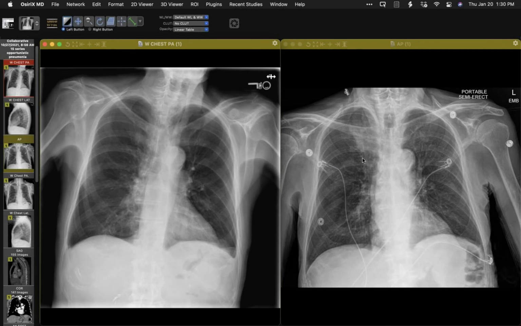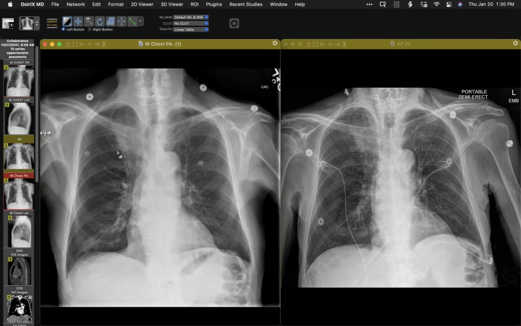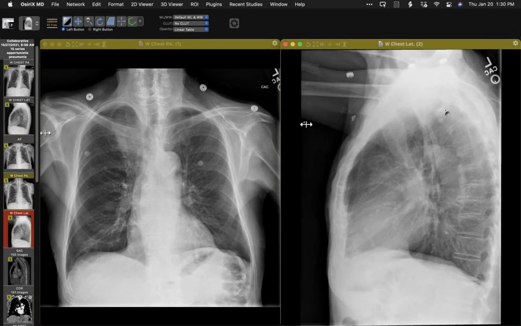And I noticed on that, or at least questioned, the presence of ill-defined opacity in the upper portion of the lung. Now that's a bit hard because the clavicle's there and the ribs are there, but the presence of it was confirmed by non-bedside radiography. So we see that there, and hard to see the opacity, but certainly there.